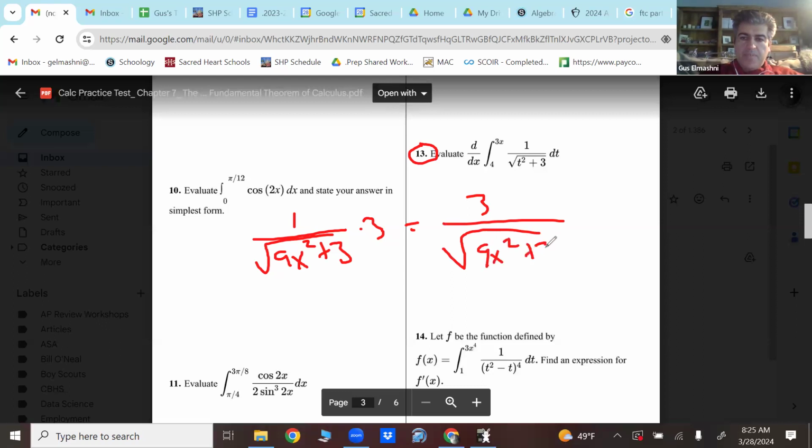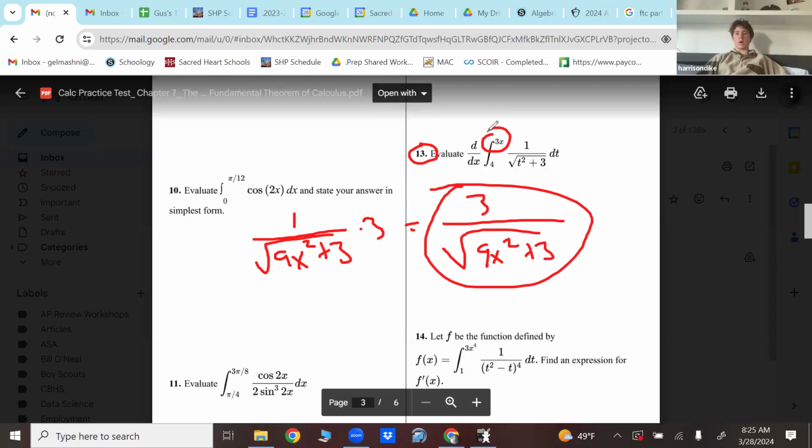That's the answer. What you do is you take the upper limit, you replace t with it, and multiply by the derivative of the upper limit. So how did you get 9? Oh, I did 3x squared. Oh, okay. So that's what you do every single time: you replace t with whatever this is.